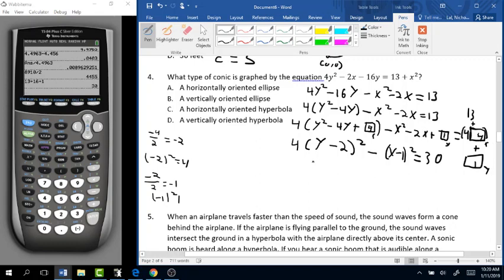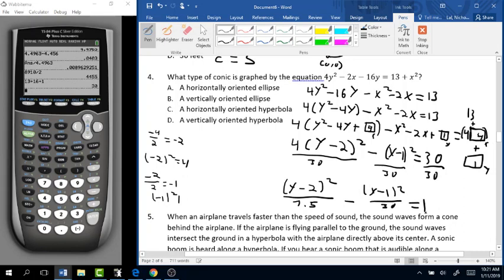All right, and then at this point you divide each side by 30. And you'll get (y minus 2) squared over 7.5 minus (x minus 1) squared over 30 is equal to 1.